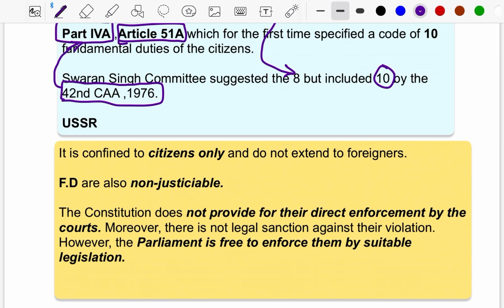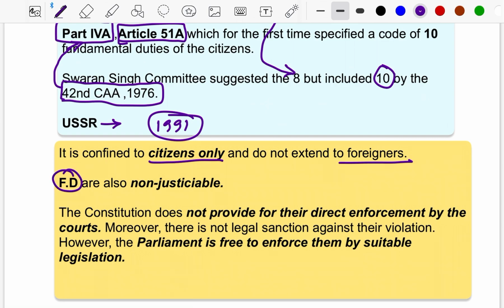And from where did we borrow the fundamental duties? That country was USSR. As we know, it got disintegrated in 1991 into many countries, right? One very important thing we have to notice is that the fundamental duties are available only to the citizens, not to the foreigners.